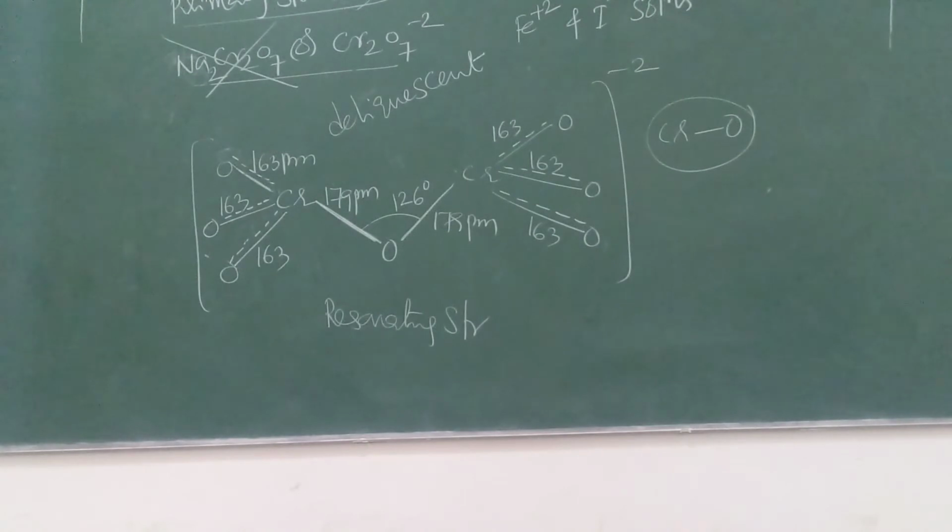Within the bracket you have to write down: it absorbs moisture from atmosphere. Deliquescent means it absorbs moisture from atmosphere. Hence, there is a change in concentration.